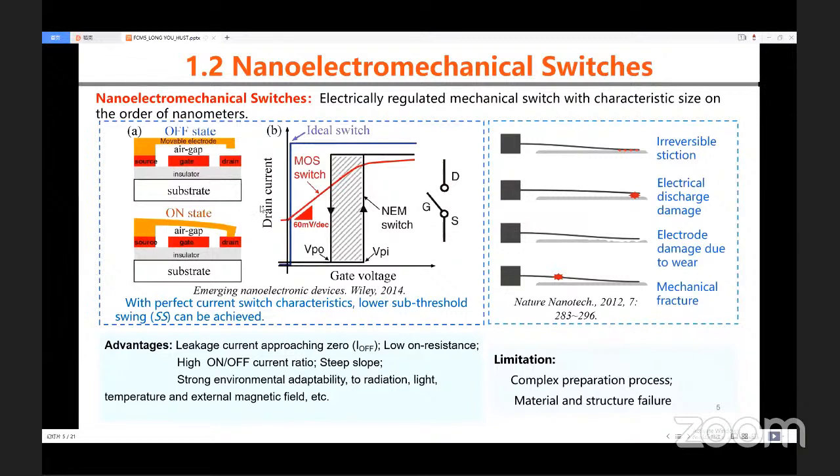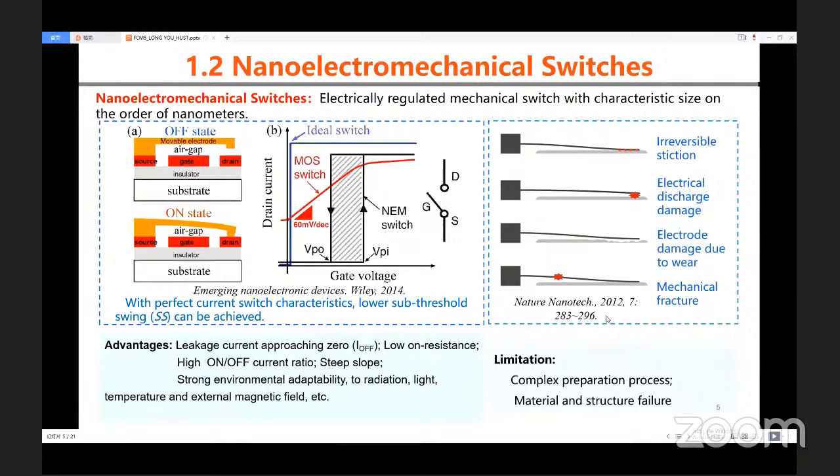It has an abrupt on-off switching process and thus can achieve ultra-low sub-threshold swing. In addition, in principle, it provides zero leakage current and high on-off current ratio. However, it also has some limitations, such as complex preparation process, large control voltage, and material and structural failure.